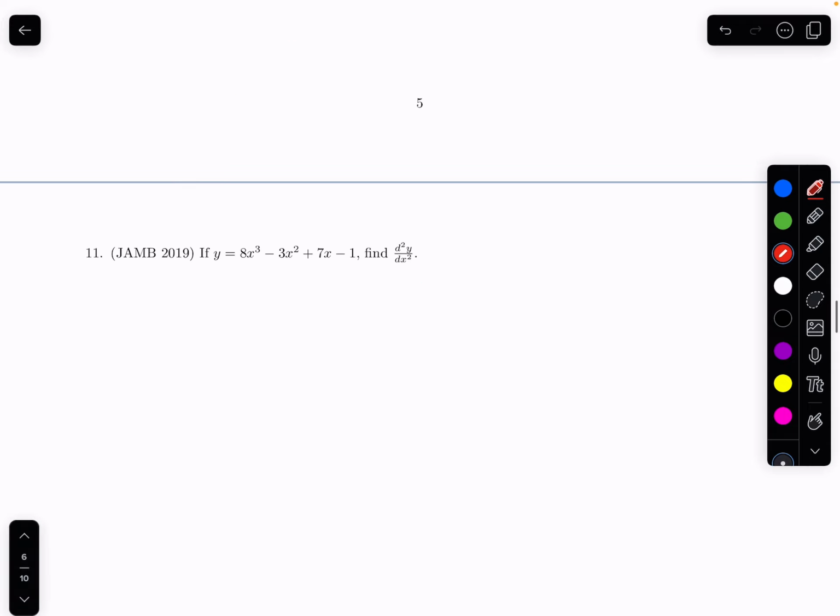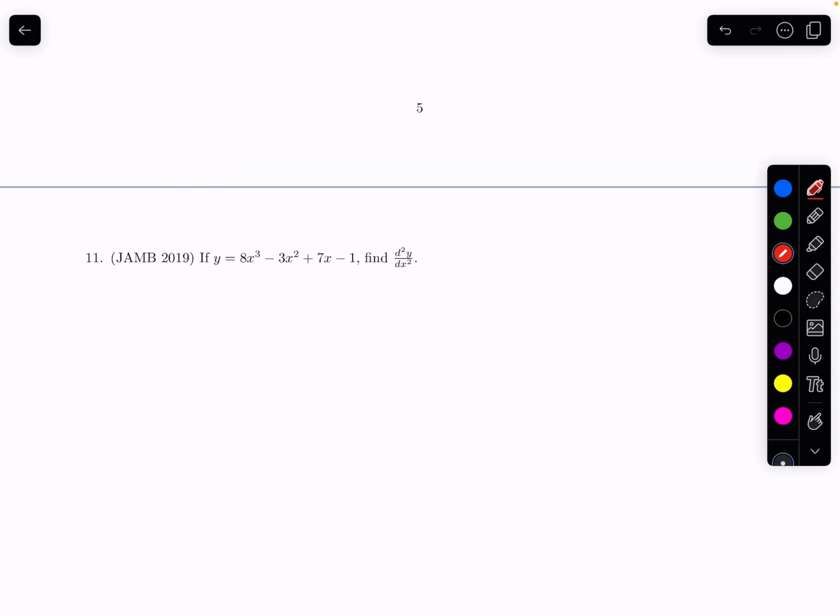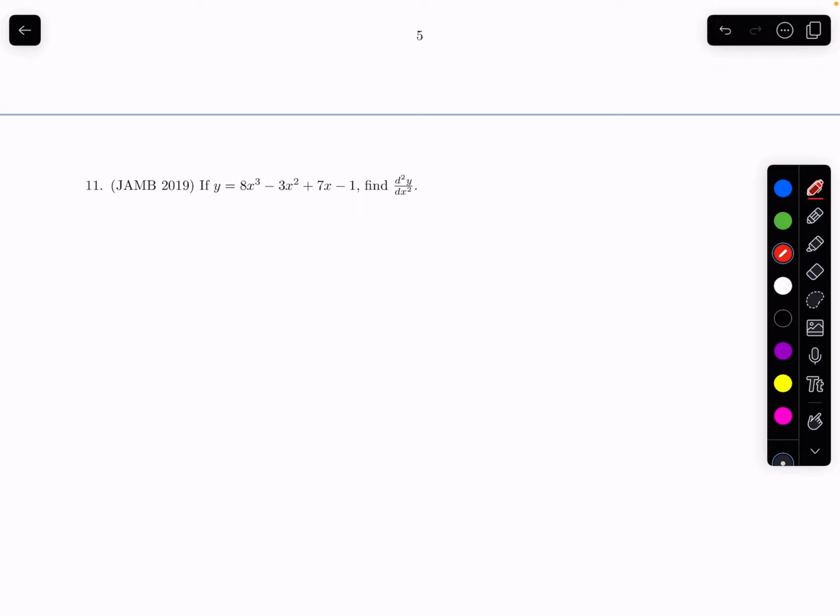Okay, so let's keep moving. Now I want to find the second derivative of this function. So the first derivative, just using the power rule, dy/dx is going to be 8 times 3, that's 24x squared minus 6x plus 7, right?